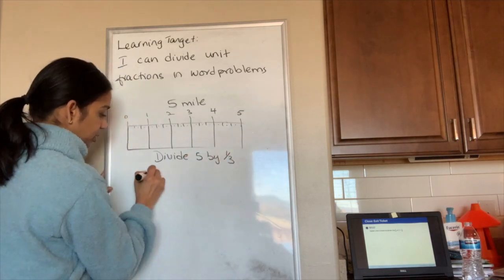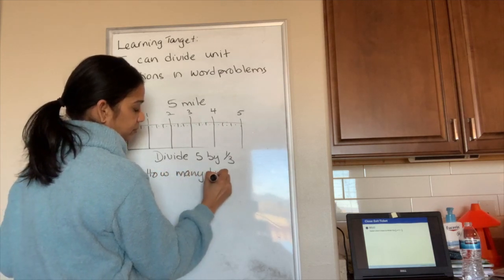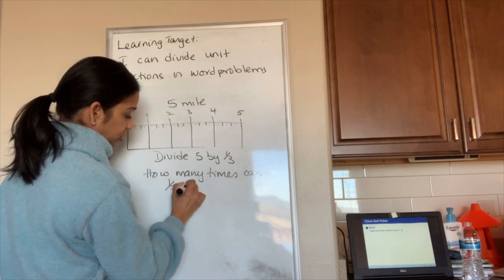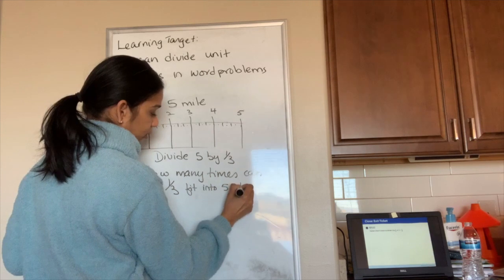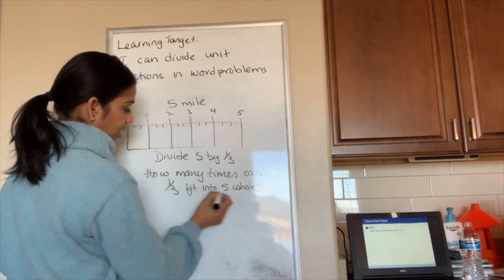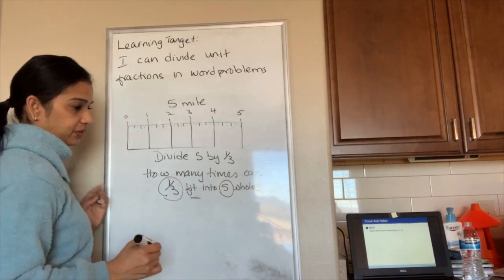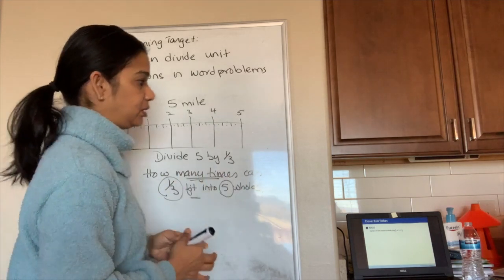This means how many times can 1/3 fit into 5 wholes? Right? How many groups of 1/3 we could fit into 5? How many times, right? That's what we're looking at. Okay?